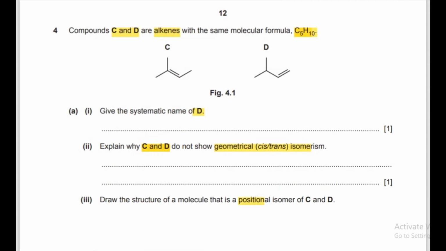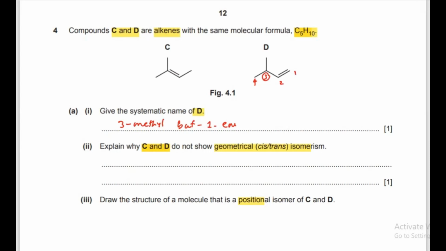Now give the systematic name of D. In D, if you look at the longest chain, it contains 1, 2, 3, 4, meaning there are 4 carbon atoms, but the alkene is on the first carbon because the alkene must be preferred on this branch. So we can say this is but-1-ene. The longest chain is but-1-ene, but the third carbon contains a methyl group as well. So the complete name is 3-methylbut-1-ene.